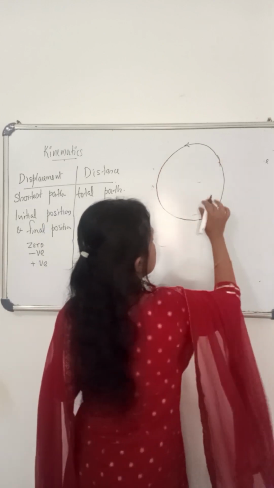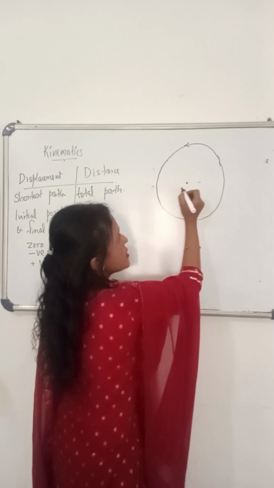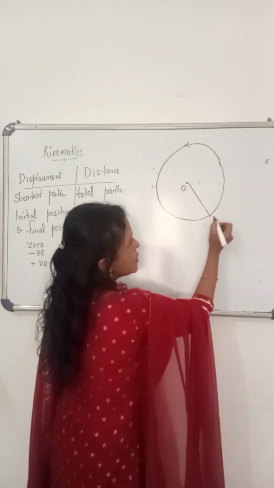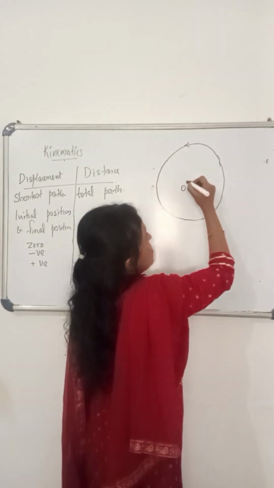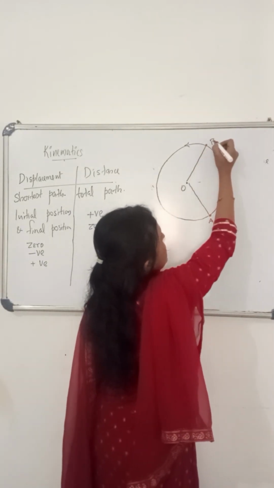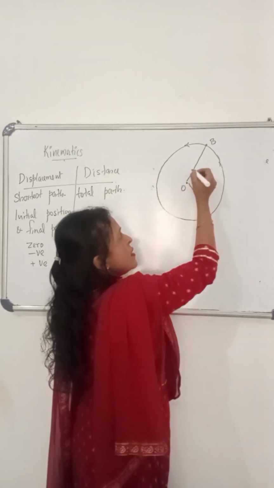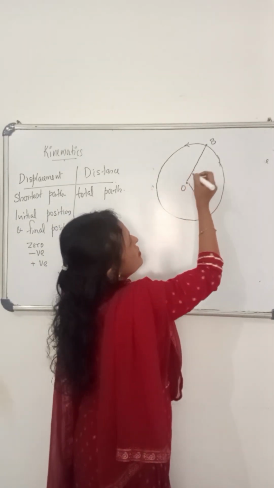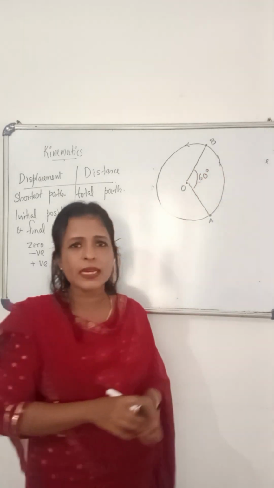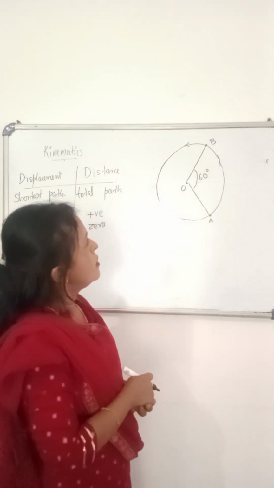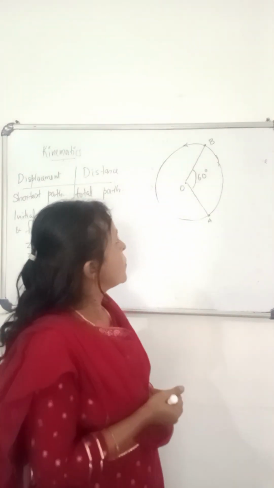Okay, another one. We will consider another circle, and this is the center. Initially this point A, and after some time this point B, and it covers, suppose, 60 degrees. How can we find the distance and displacement from this?